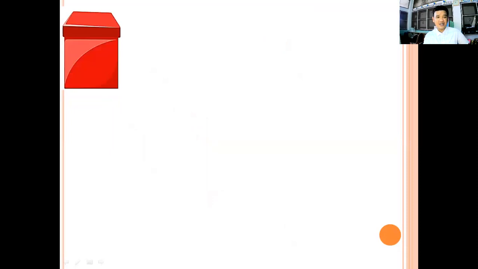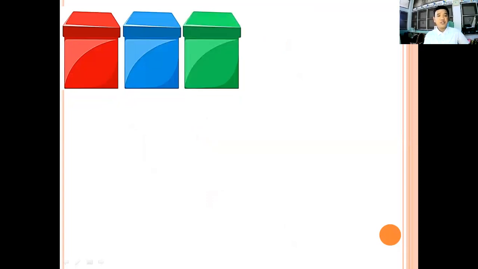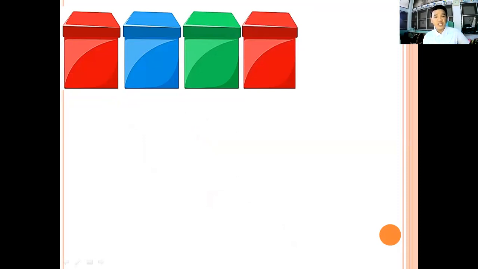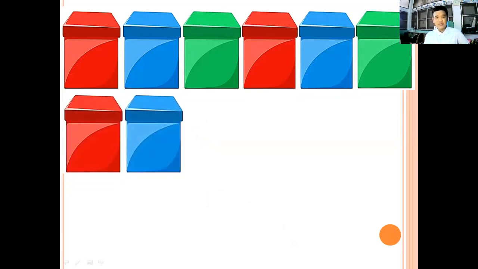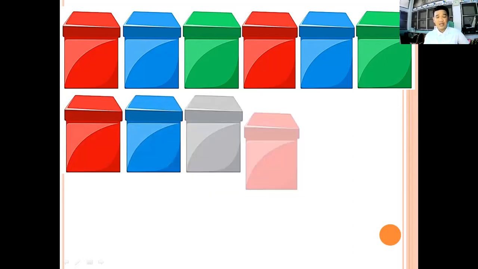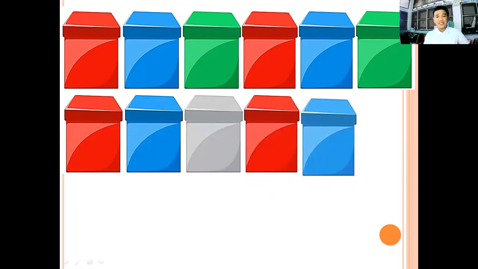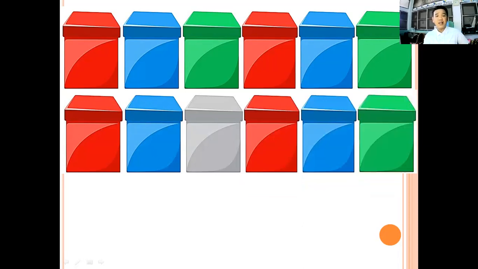There is a box here. As you can see, there is a pattern of boxes: red, blue, green, and then after the green, it is followed by red, then blue, and then green. So this is the pattern. This is your present event. Now, as you can see, there is a different color.